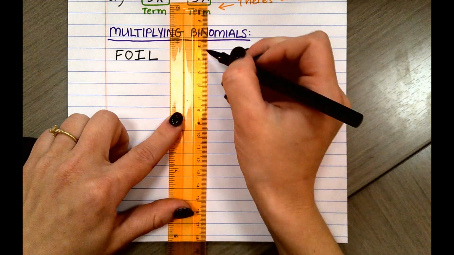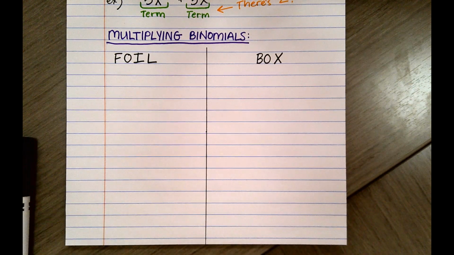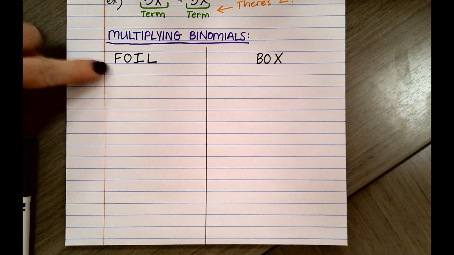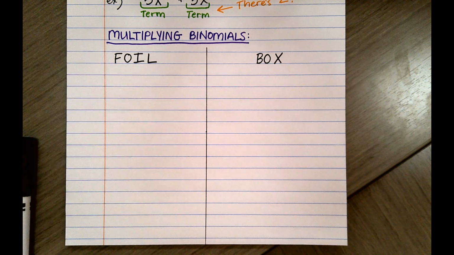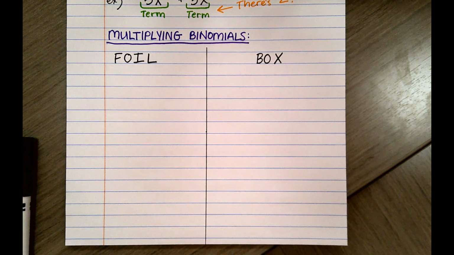That isn't perfect, but okay. We will talk about the FOIL method first. If you want to make a nice, straight line, there are rulers at your desks, so feel free to use whatever's at your table.